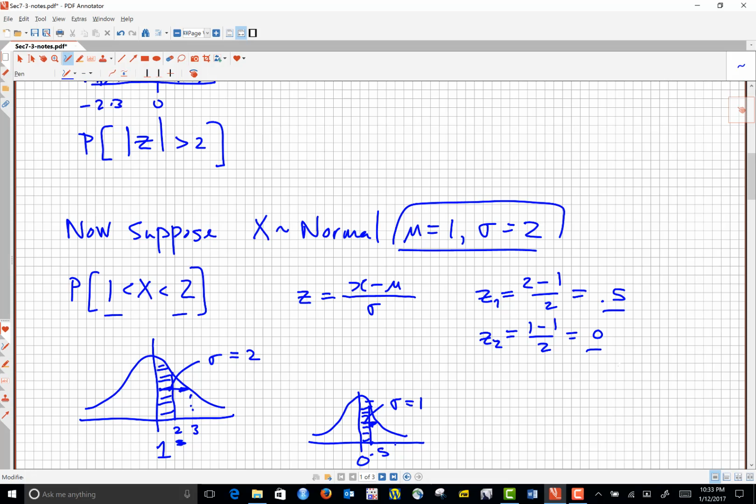That's easily computed by taking 0.5 and plugging it into the standard normal CDF and subtracting phi of 0. This is 0.5 and this value is 0.6915, so that this difference is 0.1915.